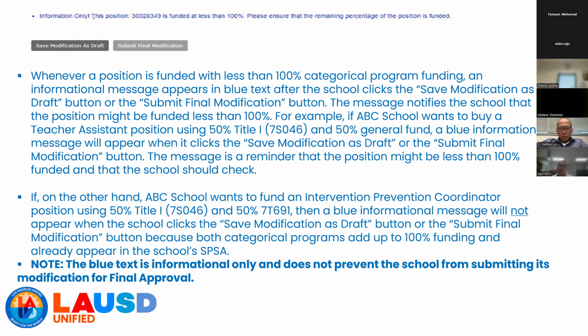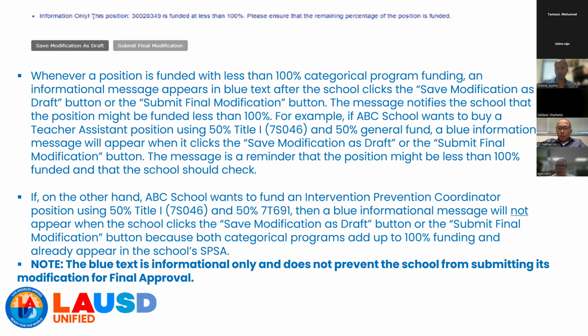And then we give you another example. If, on the other hand, ABC School wants to fund an intervention prevention coordinator position using 50% of Title I 7S046 and 50% of 7T691, then a blue informational message would not appear. And this would not appear when you either saved it as a draft or submitted the final modification.